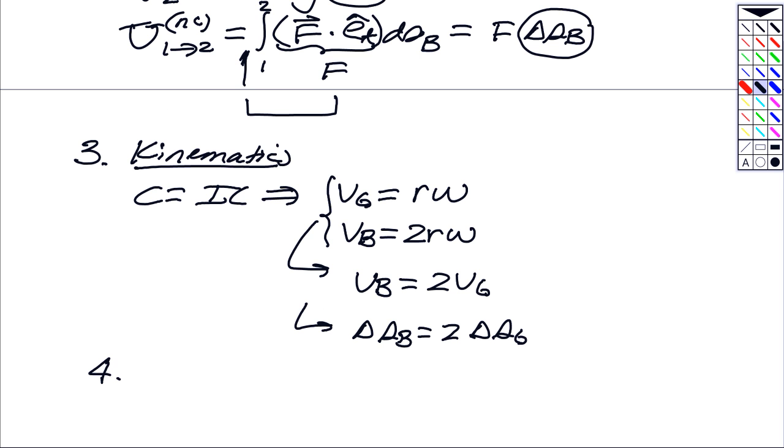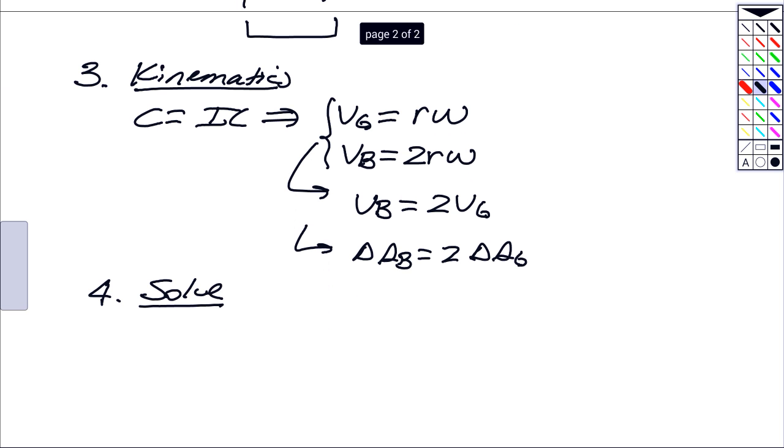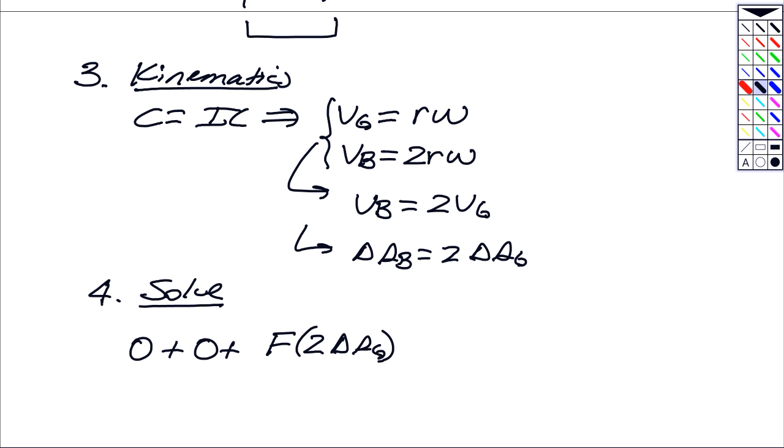We are now in a position to solve. We're going to have one equation for one unknown. The initial kinetic, initial potential, the work is F times delta S_B, which is 2 delta S_G. And that's equal to 1/2 I_C, which we saw was 3/2 m r squared, times omega squared.